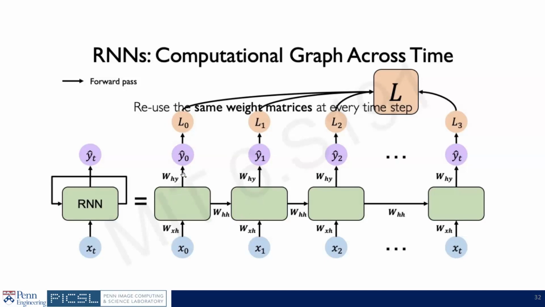And then here you can think of it as going from the hidden state to the output y, right? So you have these three different matrices which are shared across all the time steps, and these are the three matrices that you are interested in learning.